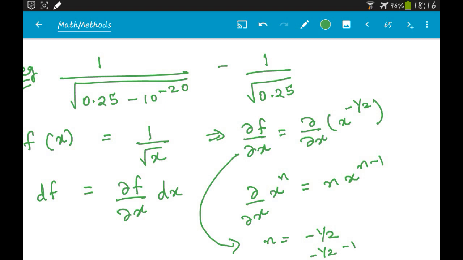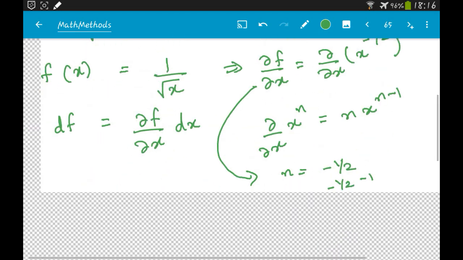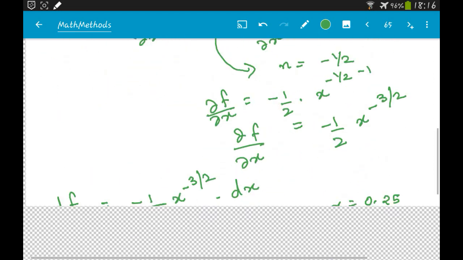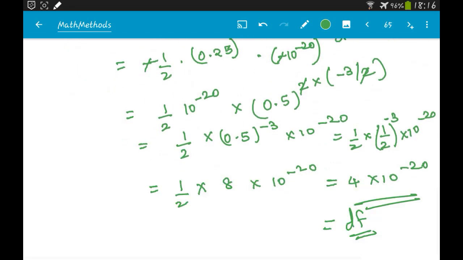So there is a dx coming into the picture. Then you can just assume that f of x is 1 by root of x, and calculate df, the total differential, which is nothing but dou f by dou x into dx. So this is how you do it. I'll give you a small homework problem.